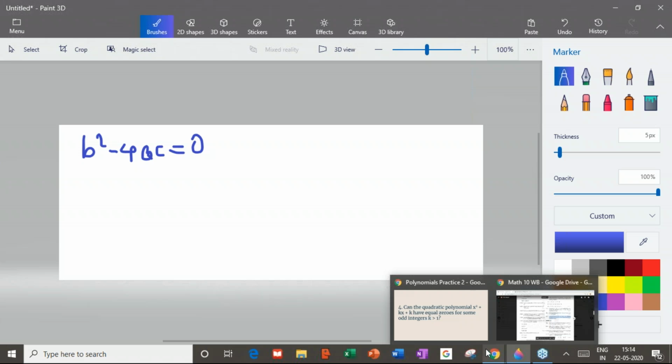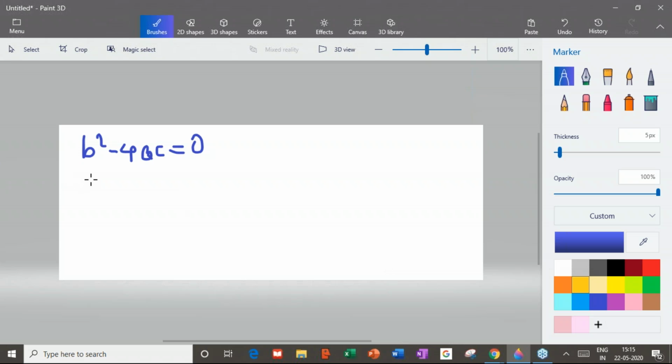Okay, so now if you put the values of the polynomial in here, what are the values? b square will be k square minus 4k, right? A is 1, the coefficient of c is k, so equal to 0. Or we can say k square is equal to 4k.